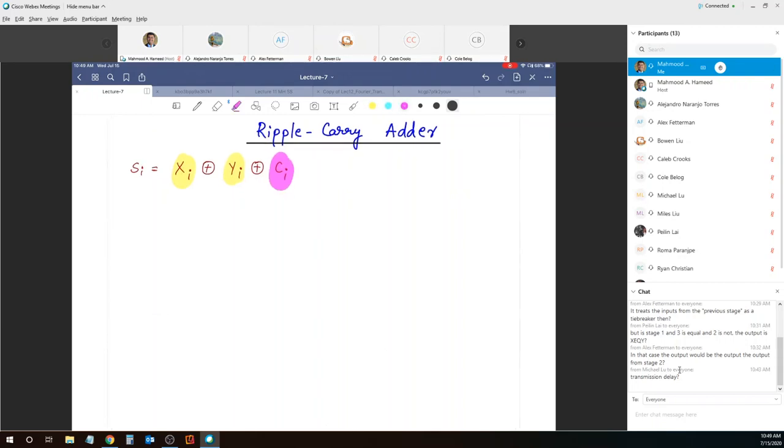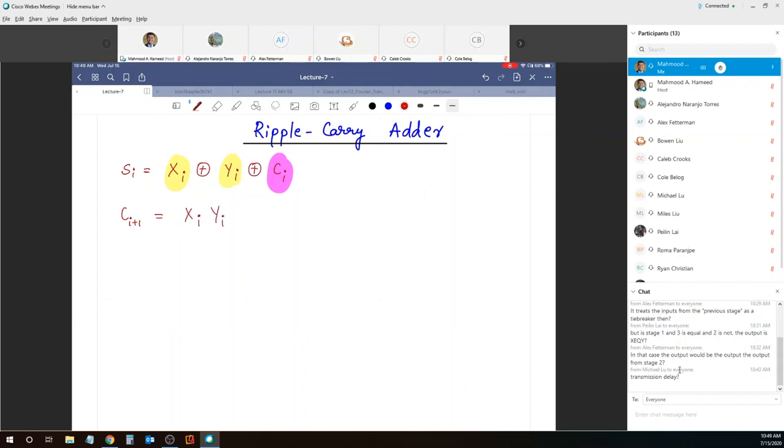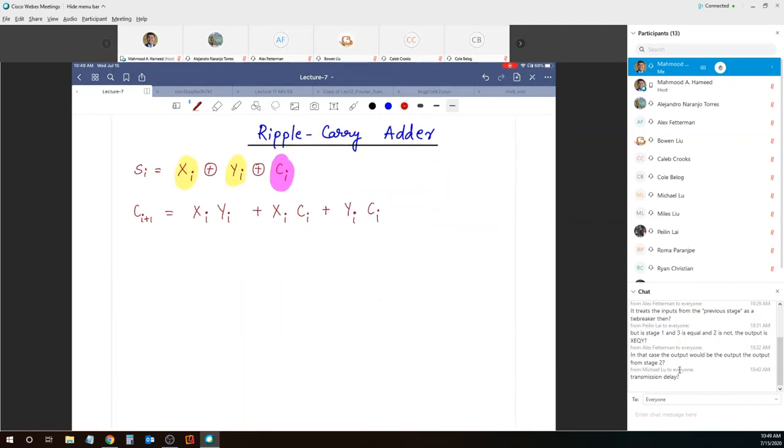So let us turn our attention to the carries, C sub i. So C sub i plus 1 can be written as x sub i and y sub i, or x sub i and C sub i, or y sub i and C sub i. So this is a sum of products expression, SOP expression.